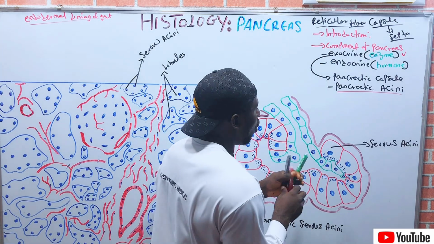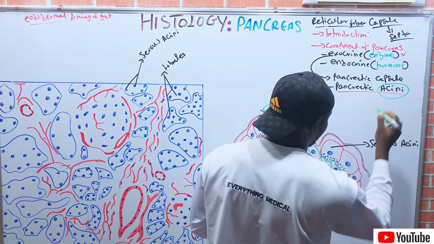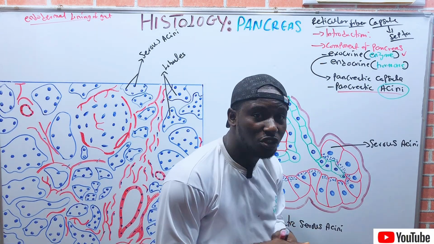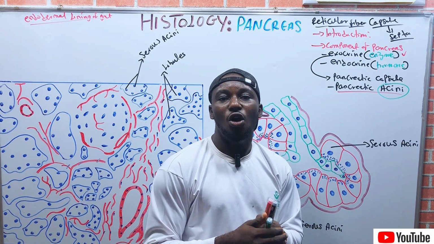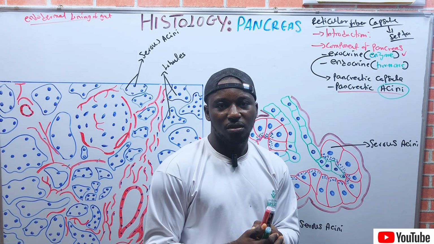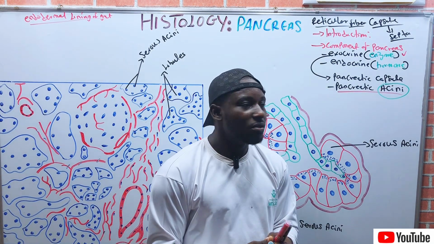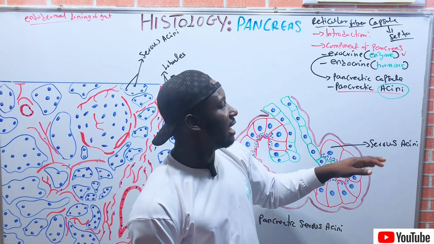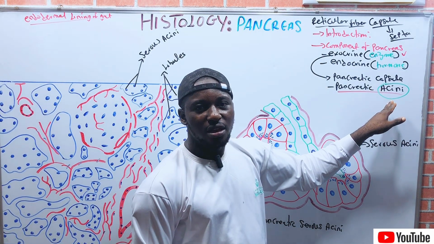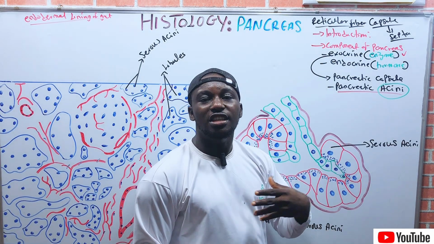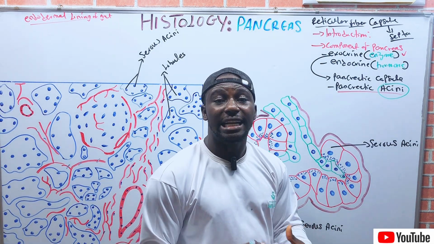Now, why is it called a pancreatic acini? It is called an acinus because it appears rounded or oval in section, right? And you have to understand again that the pancreatic acinus aids in secretion of what? Of enzymes, the pancreatic juice.